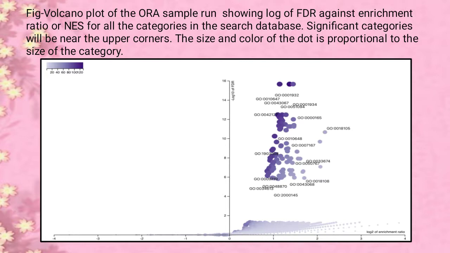A volcano plot, or a type of scatter plot, allows us to identify the genes with a larger fold change that are significant biologically or statistically. Most upregulated genes will be toward the right of the plot, and downregulated genes will be toward the left of the plot, and statistically significant genes will be at the top.